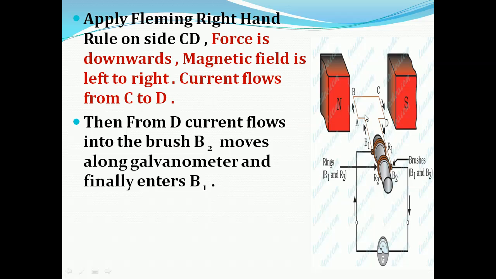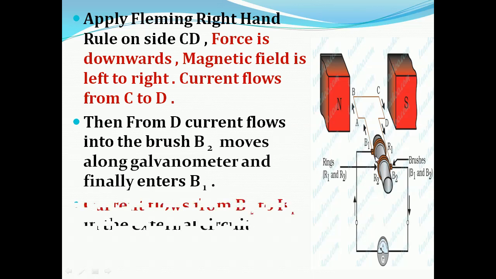Understood, children? Applying the rule on coil side CD, the force is downward, the magnetic field is left to right, and the current flows from C to D. Then from D it flows into B2, moves along the galvanometer, and finally enters B1.